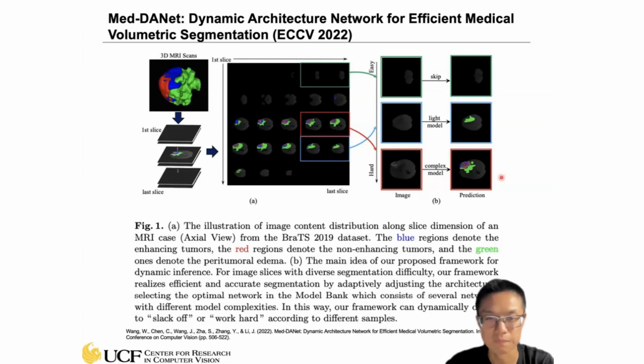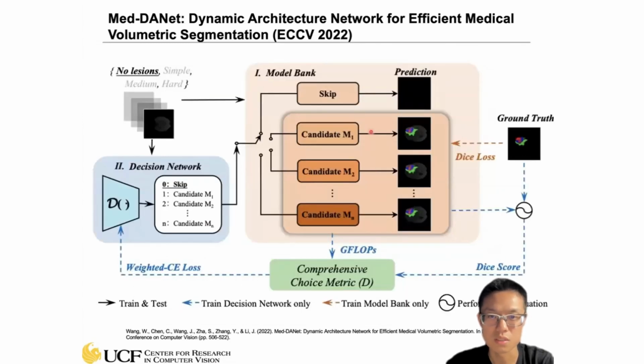That's the idea. To achieve this, we specify a couple of candidate networks. In this model bank, we have n candidate networks. They can be efficient networks like MobileNet, ShuffleNet, or a simplified UNet, and then more complicated networks, which can be vision transformers, to do the segmentation. These complex networks have larger network parameters and larger compute.